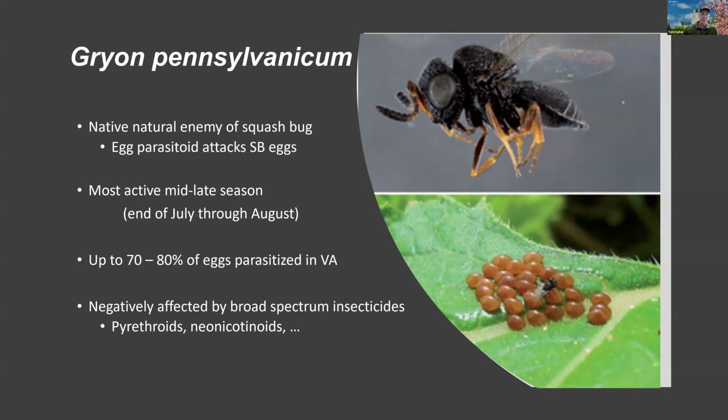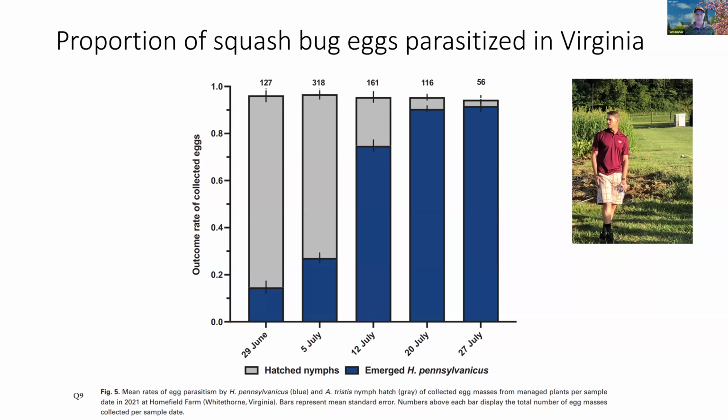We've got this natural biological control agent that's helping to keep squash bug down. But now also we've got our systems where growers are spraying things, and you're wondering how do you develop a threshold with this parasitoid out there, and that's where we're at. So some of the work was, can you use eggs?